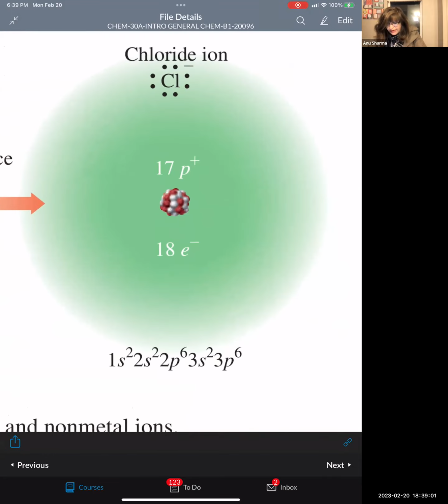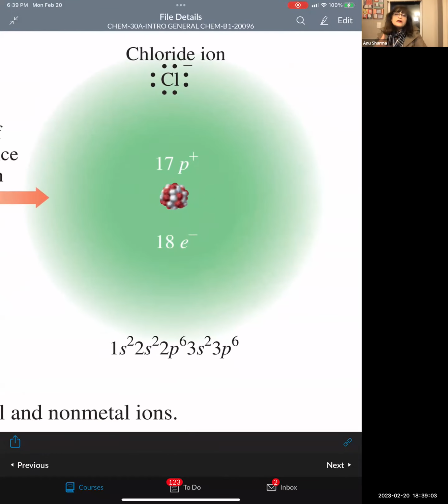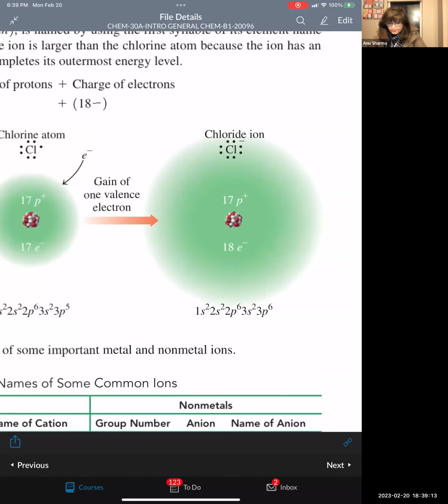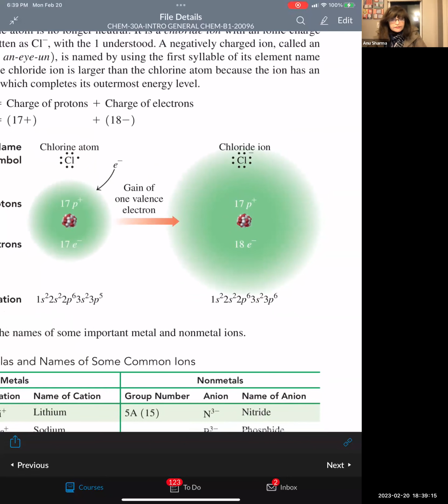So when chlorine acquires that 1 electron, it has 18 electrons and 17 protons. That is why the size of an anion is always bigger than its neutral atom, because that 1 electron needs to be placed in the orbitals around, and so the electrons have to move around a little bit.